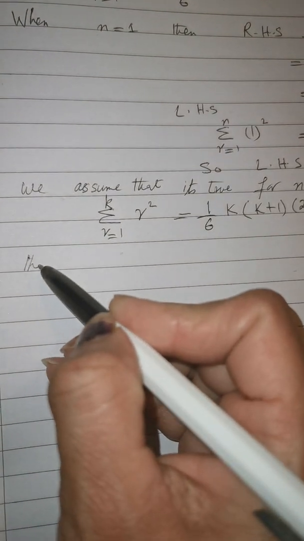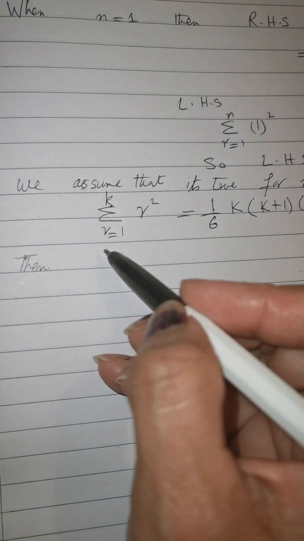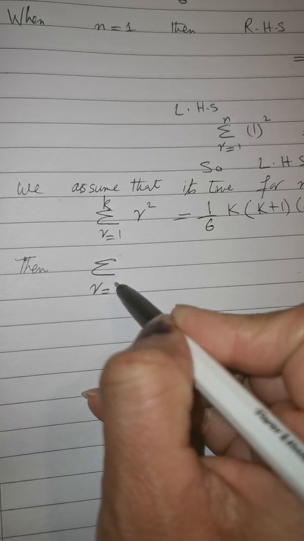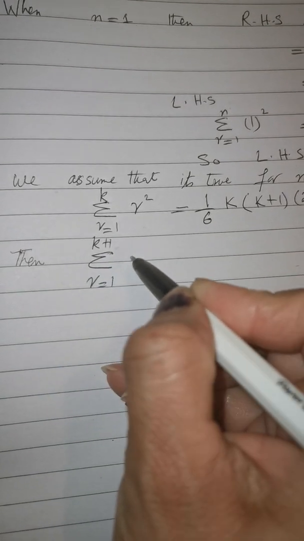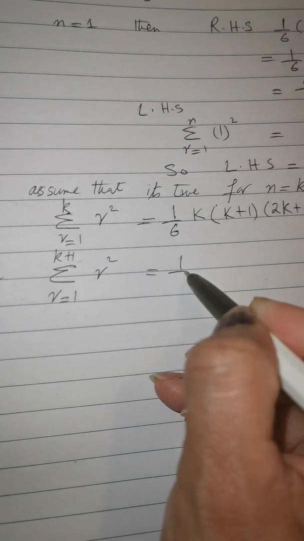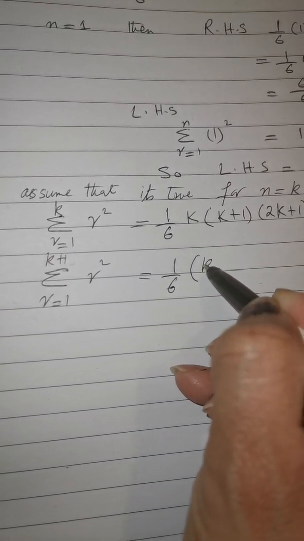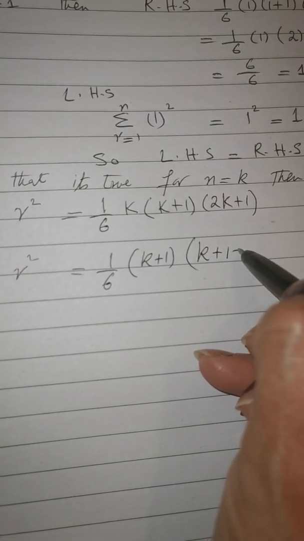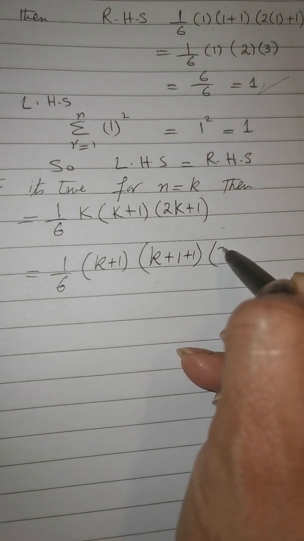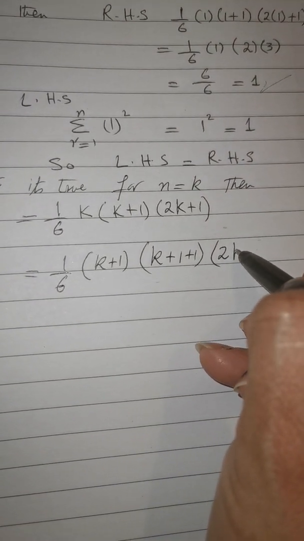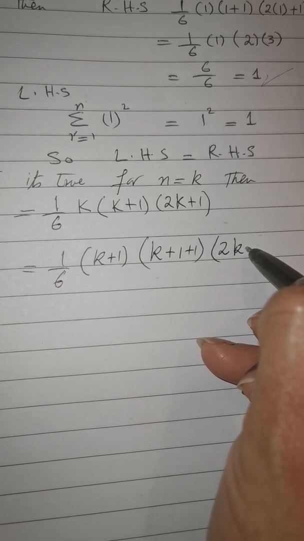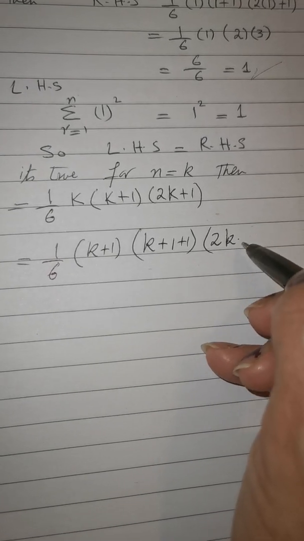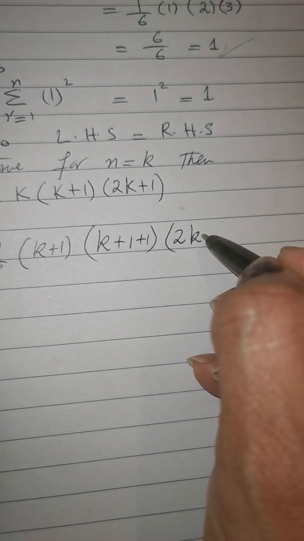Then we show that it's also true for k plus 1. Wherever we have k, I'm going to put the value k plus 1. Wherever there is k, I am going to put k plus 1.